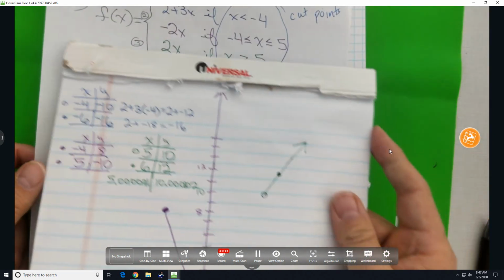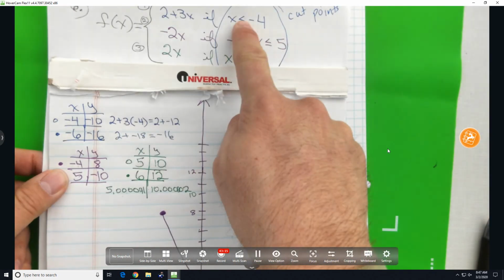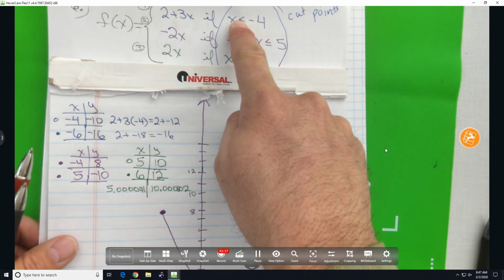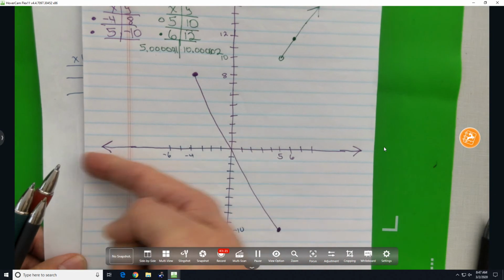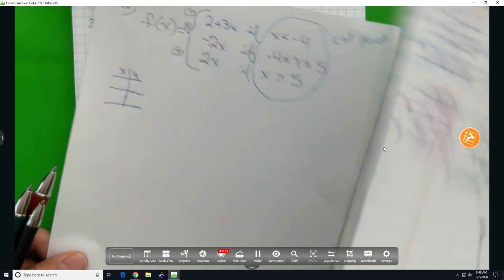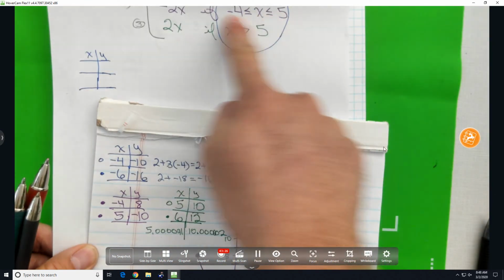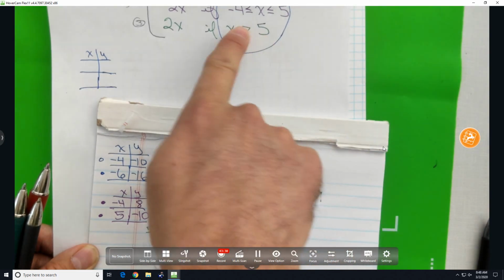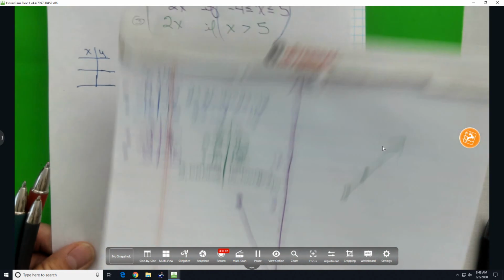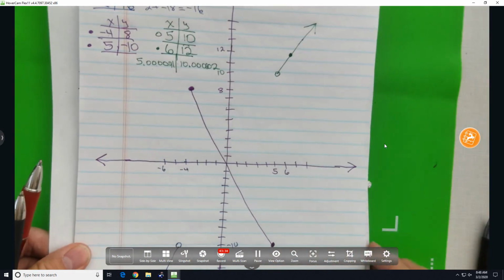Looking at number 6 again, notice how it's pointing to the left. So the blue graph is to the left of negative 4. Now the one that has the 2 less thans, that's the between. There shouldn't be any doubt about that. Here to the right of 5, notice it's pointing to the right, so bigger than 5.